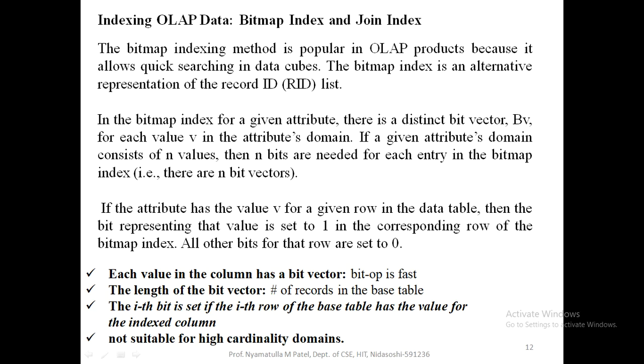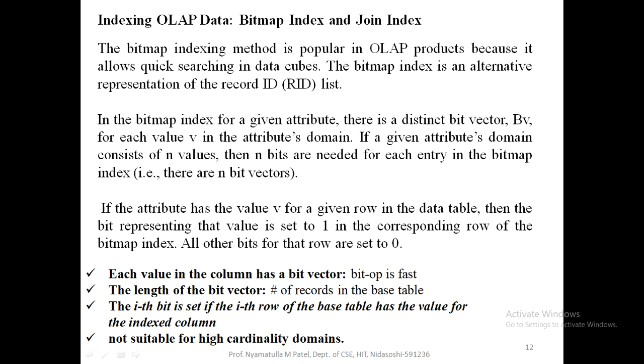In the bitmap index, for a given attribute there is a distinct bit vector, B of V, for each value V in the attribute domain.